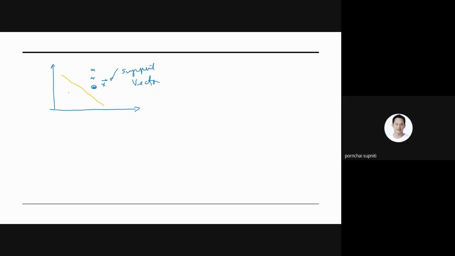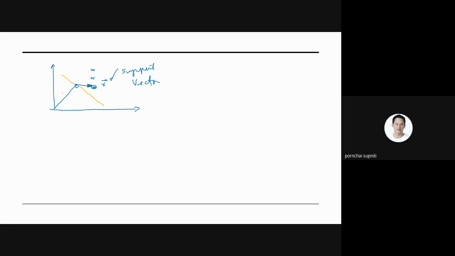And on the previous page, we have that if we draw from the origin perpendicular here, I call this a vector of x.